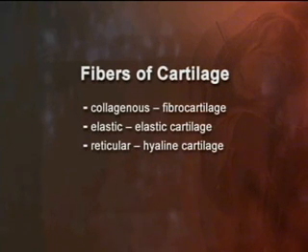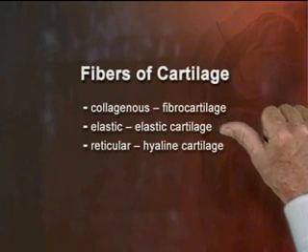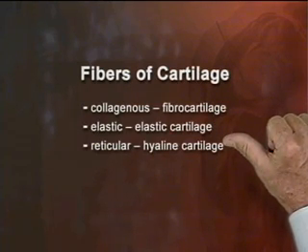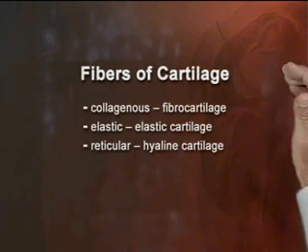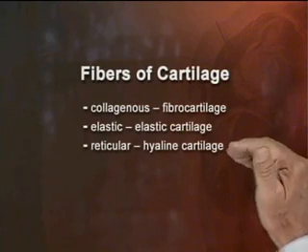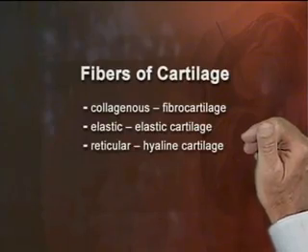That kind of cartilage is going to be called hyaline cartilage. So we actually have these three different kinds of cartilage: fibrocartilage, elastic cartilage, and hyaline cartilage. We only have one kind of bone tissue, but we have three kinds of cartilage. And the kind of cartilage is dependent on the predominant fiber type in the extracellular matrix.